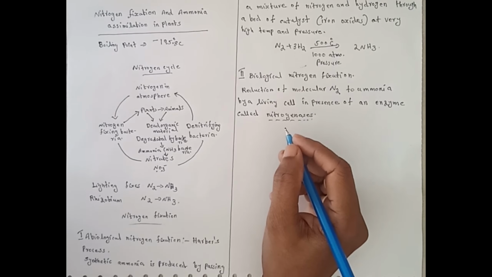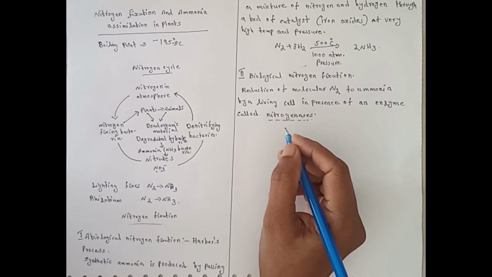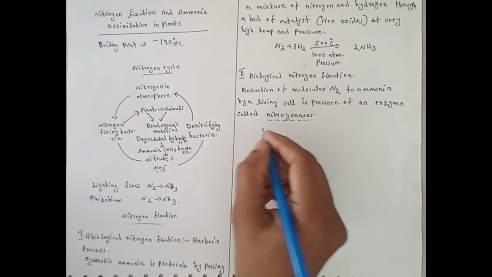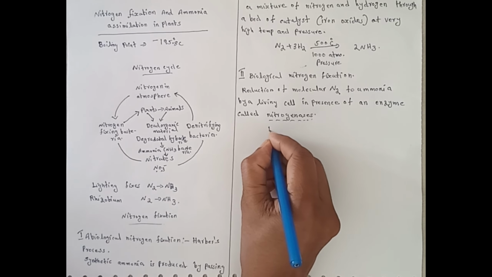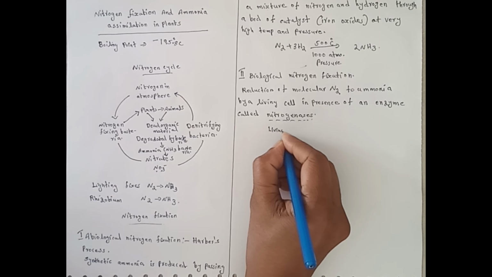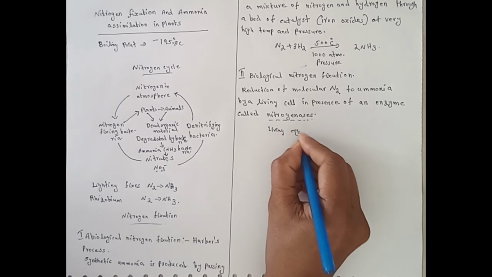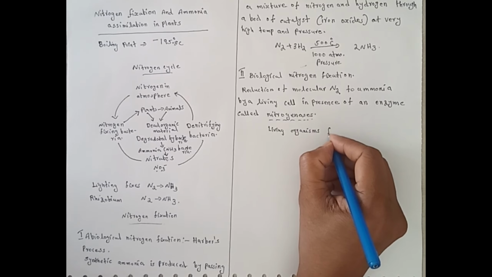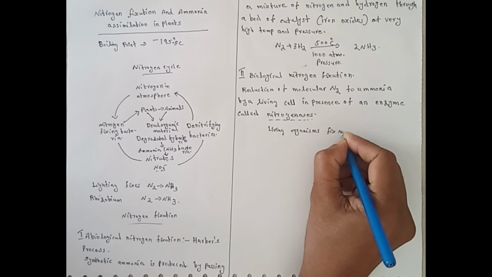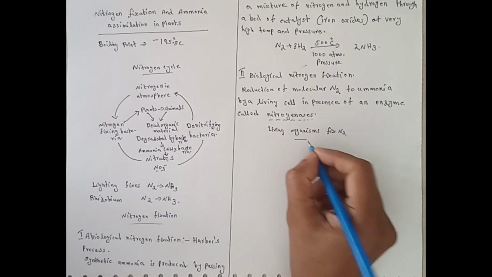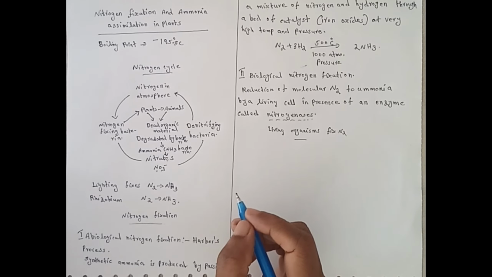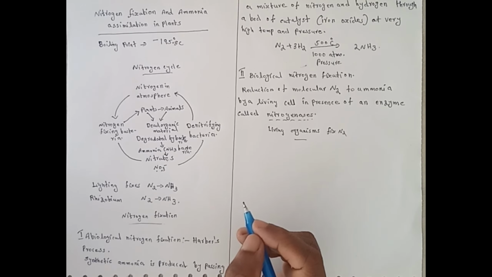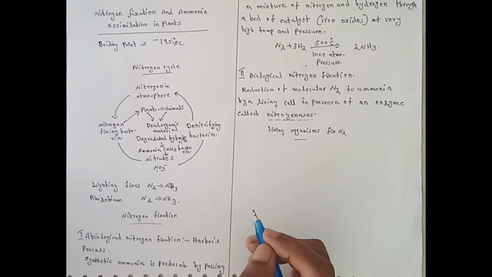Next topic, some free living organisms also fix nitrogen. First, Clostridium, then Klebsiella, Acetobacter, Rhodospirillum, Anabaena.